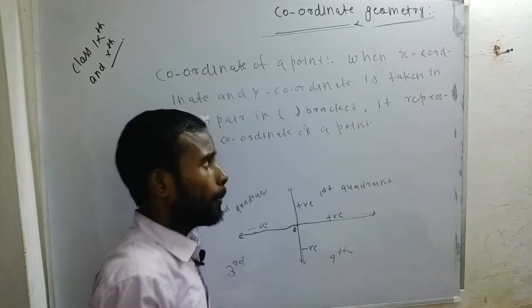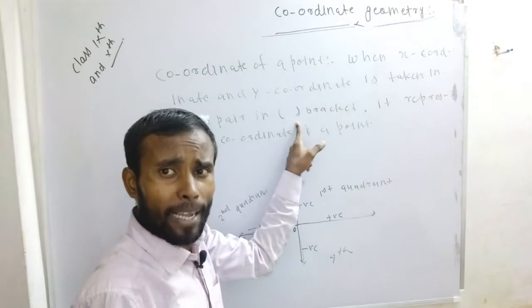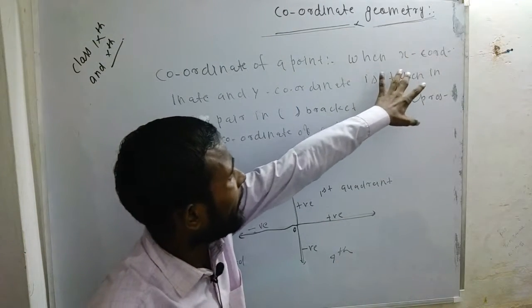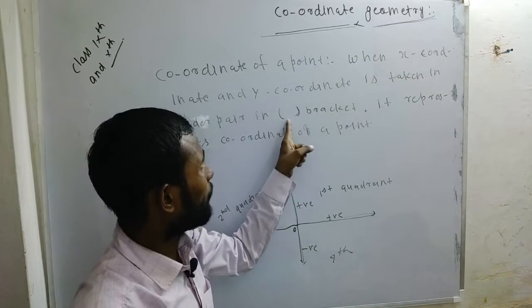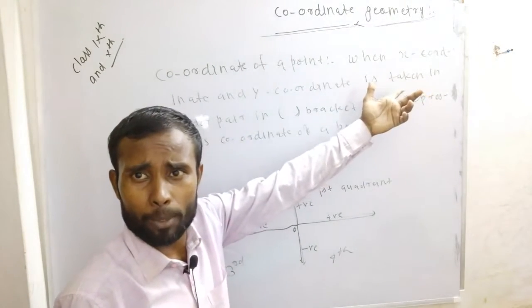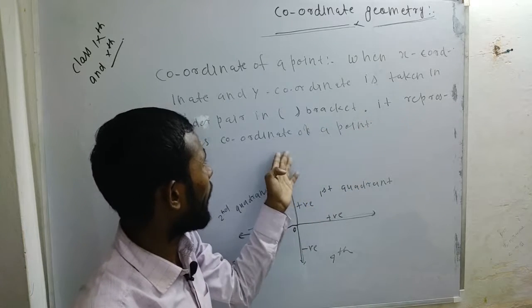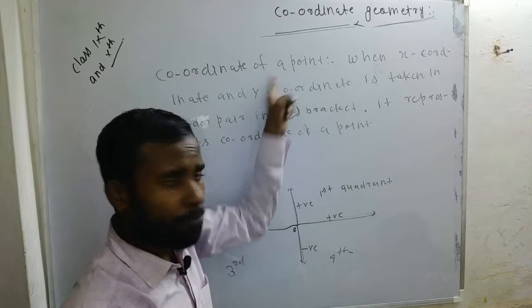If we take the x coordinate first as the first element, and let us say the y coordinate is b, then b is taken as the second element in an ordered pair, then it represents the coordinate of any point.